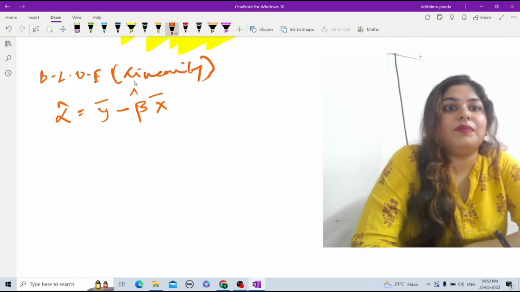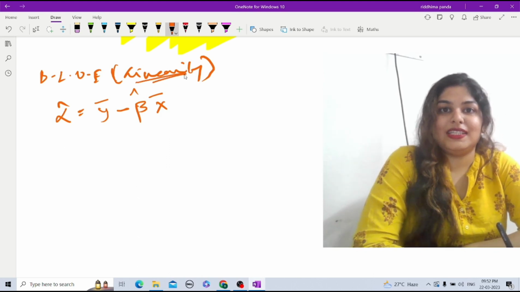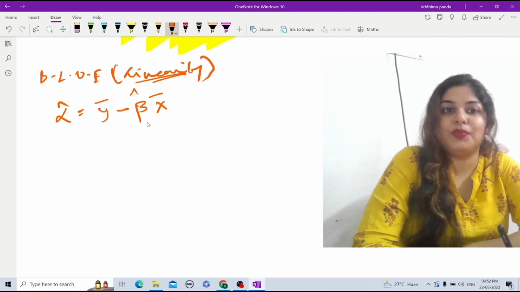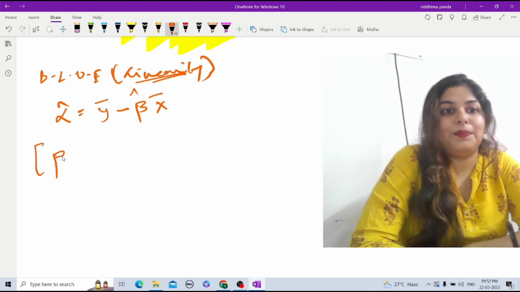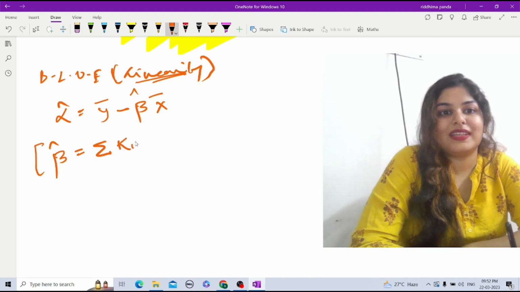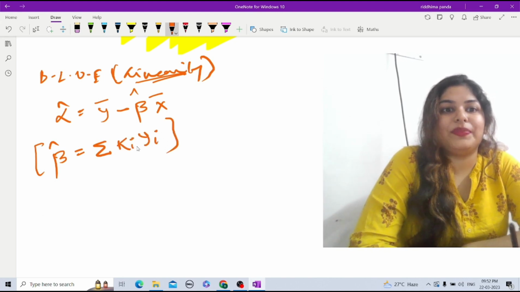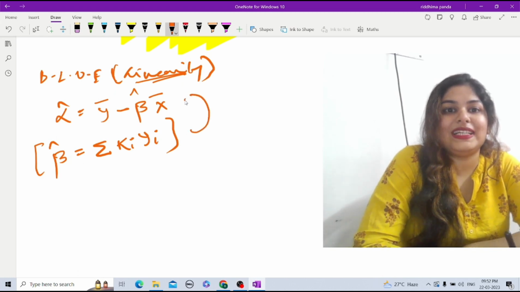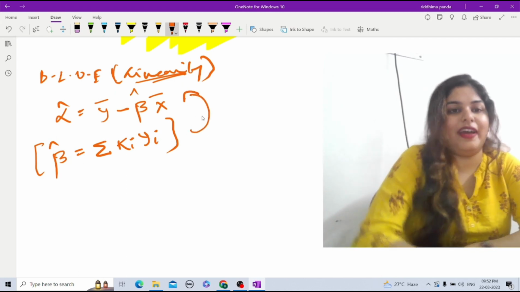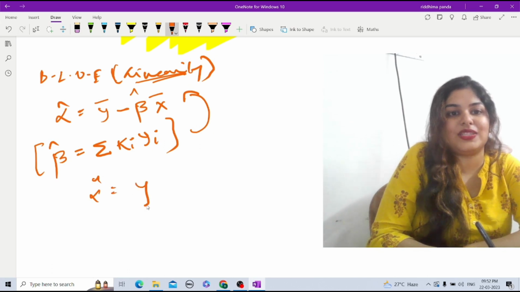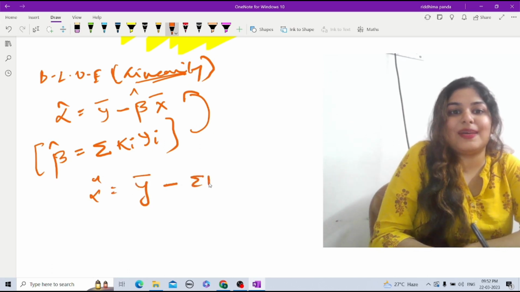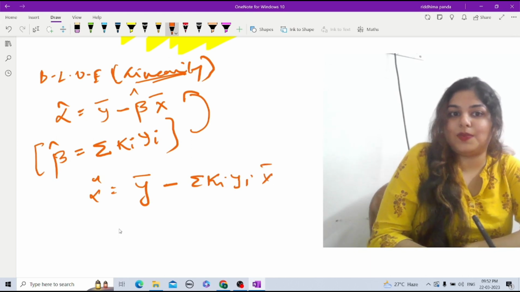Now from the linearity condition of the property BLUE, we have the value of beta hat is equal to summation ki yi, right? Now if we put this value of beta here in the value of alpha hat, then we have alpha hat is equal to y bar minus summation ki yi into x bar.